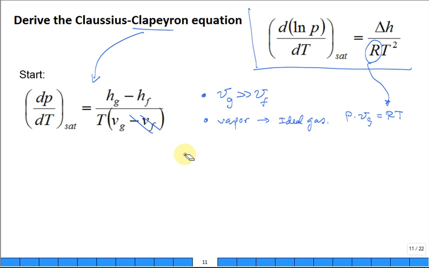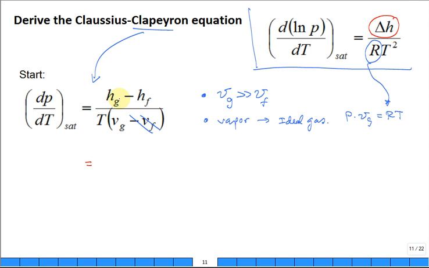So what you do is you have P times V sub G is equal to RT. Okay? So I can replace this right here. I can replace this V sub G. All right. Also, this delta H, what is that?